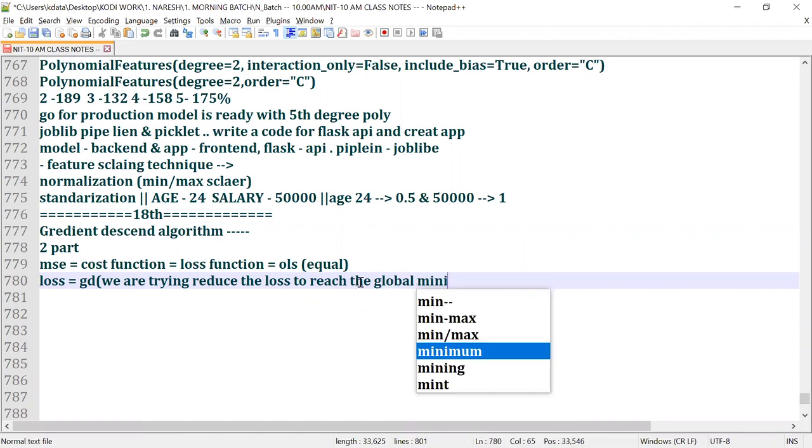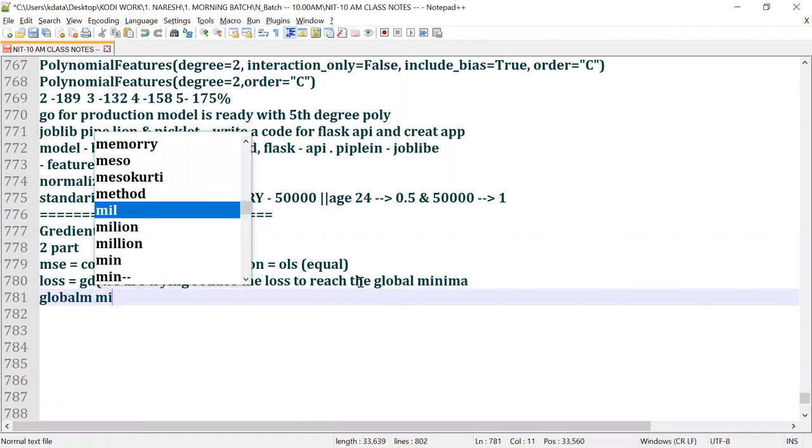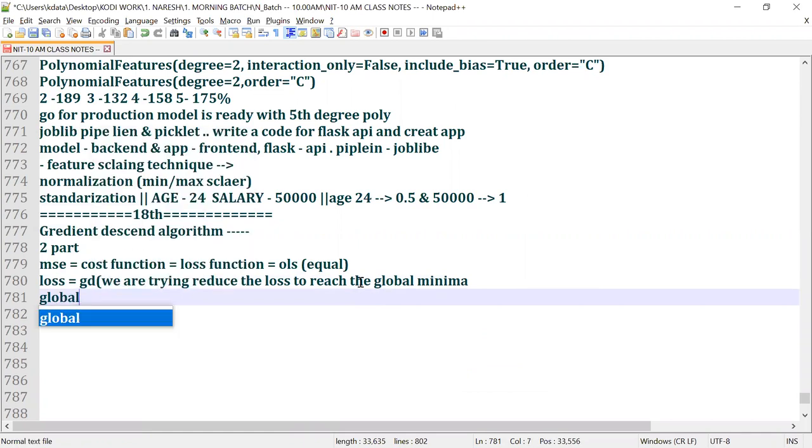In interviews there are different questions, like what is global minima and global maxima. I am going to explain global maxima in neural networks. For global minima, let me go ahead.